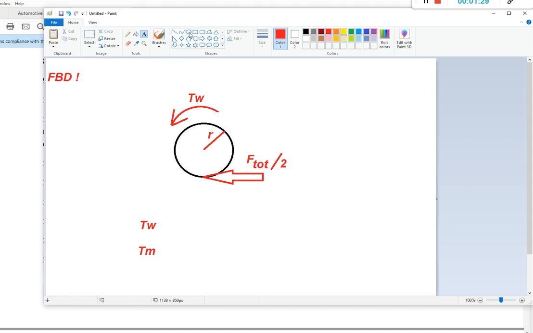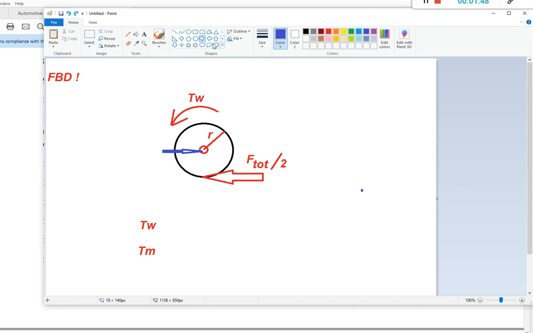Anyway, it shows the wheel, not just one wheel of the two that are driven. I'm not showing the reaction, although maybe I should, reaction at the axle shaft, and then there is normal force.